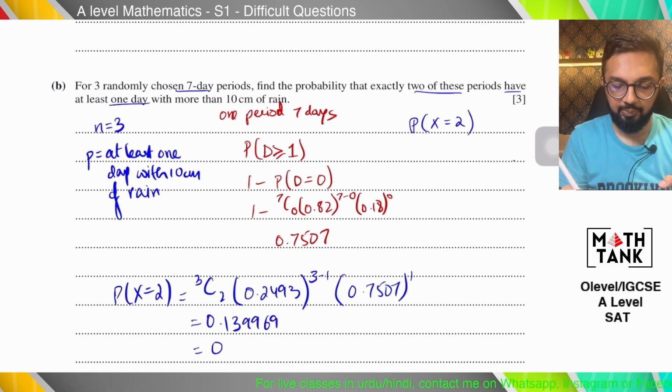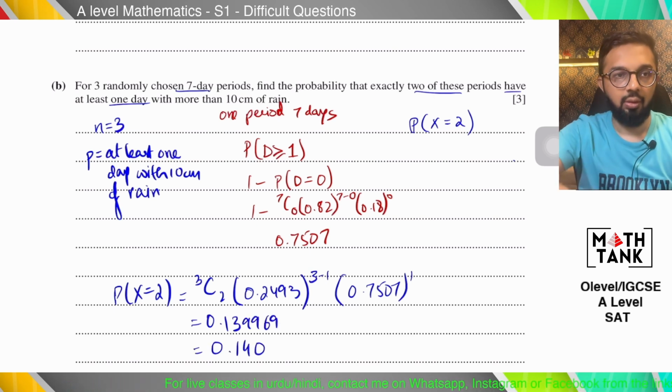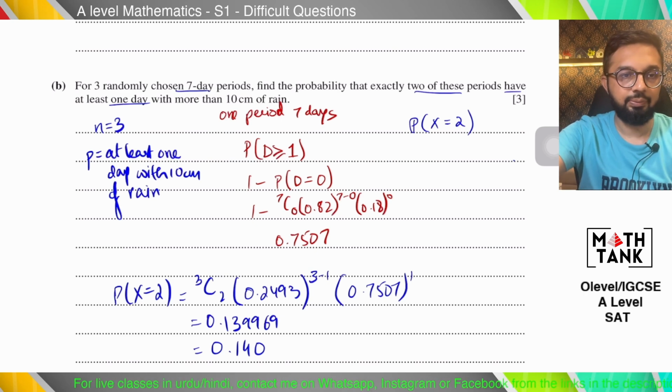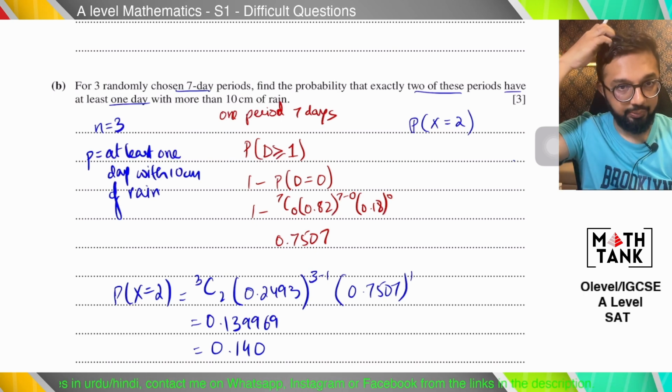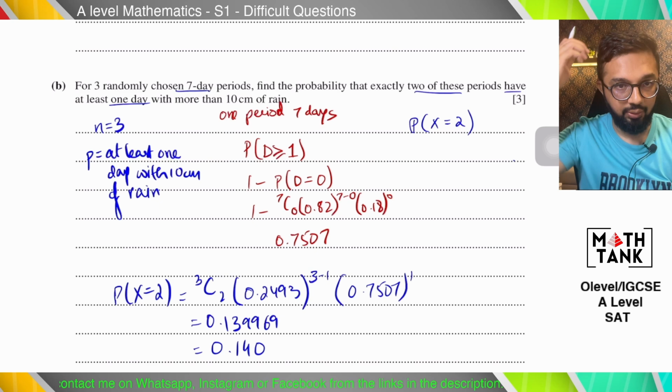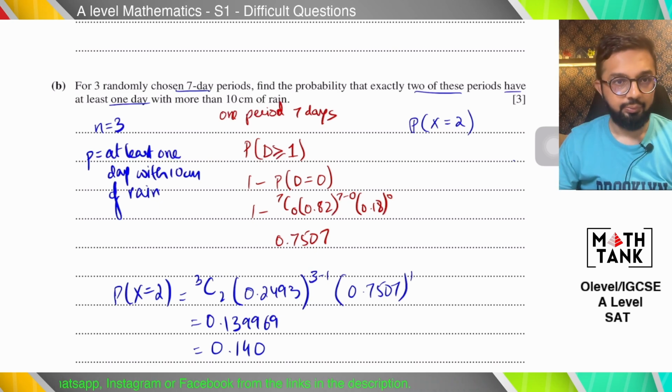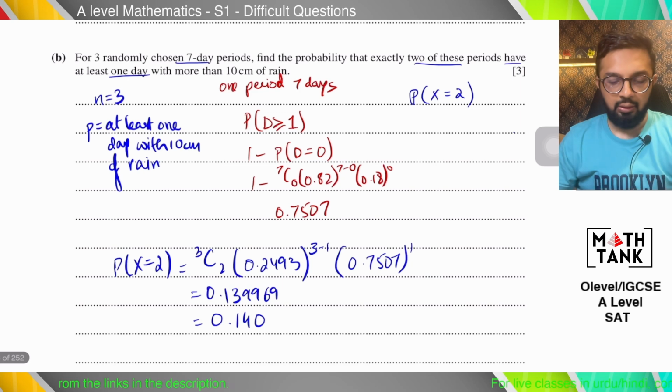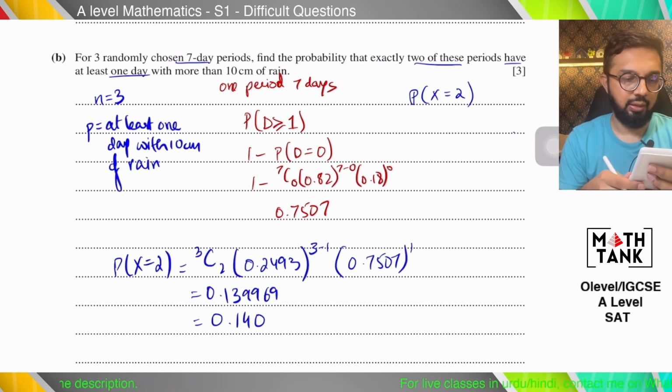That gives 0.139969, so 0.140. I'll have to check what I did wrong here. I think I rushed through the calculations.